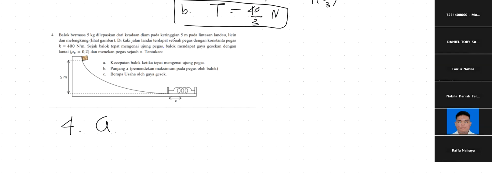A block with a mass of 5 kilograms is released with no initial velocity from a height of 5 meters with no friction. At the end of the path, there is a spring with a constant of 400 newtons per meter.